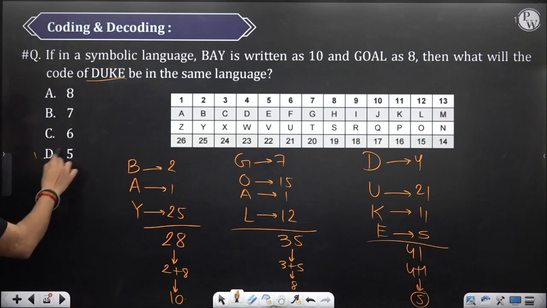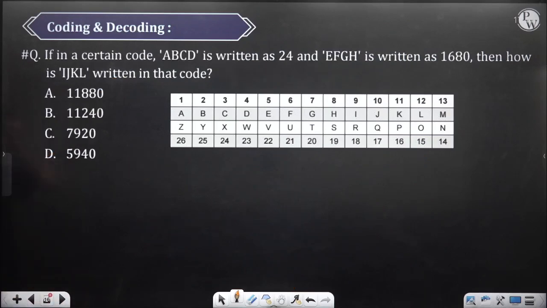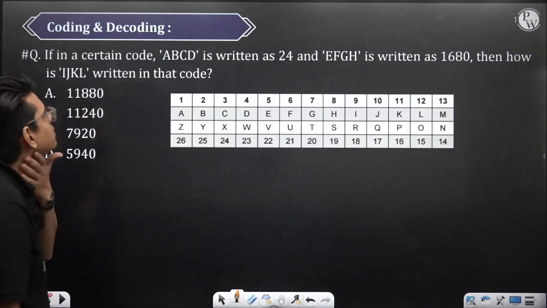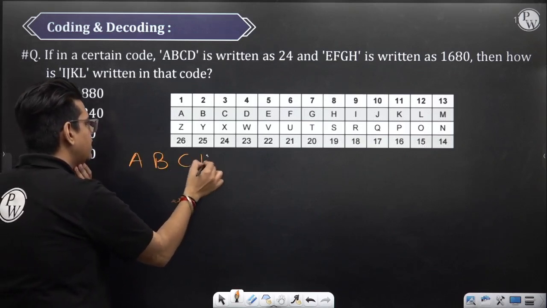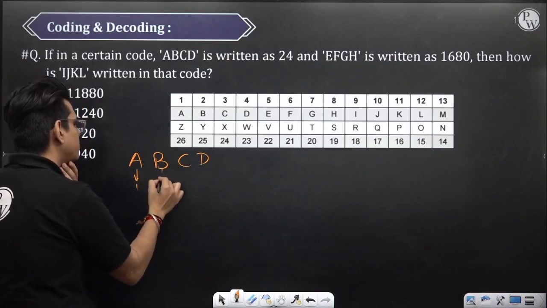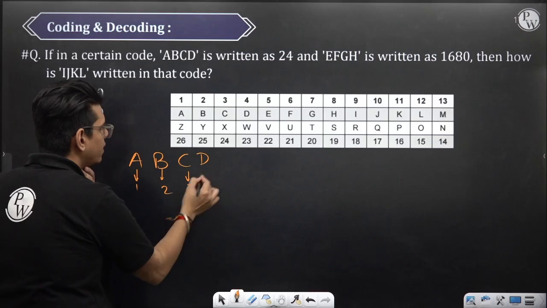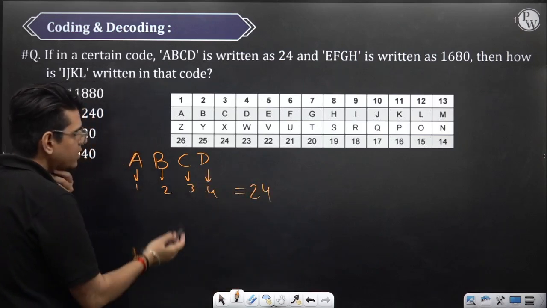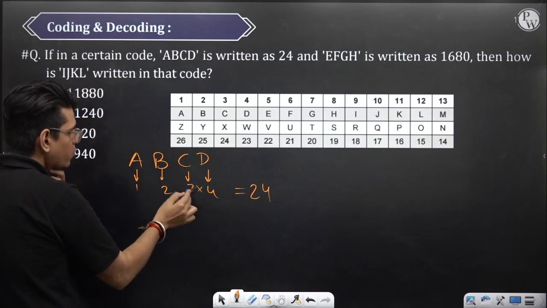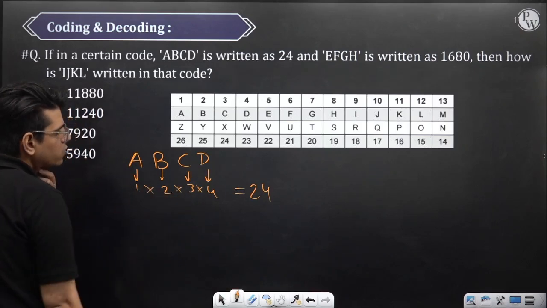Okay. This is one type of the question. Let's look at another question now. In a certain code, ABCD is written as 24. A, B, C, D is 1, 2, 3 and 4. If I multiply these, 1 times 2 is 2, 2 times 3 is 6, 6 times 4 is 24.